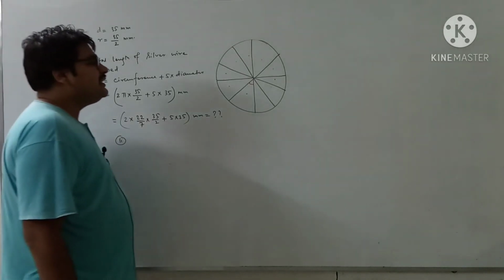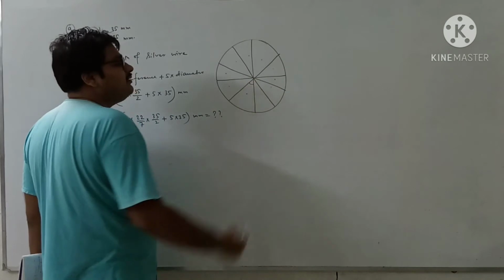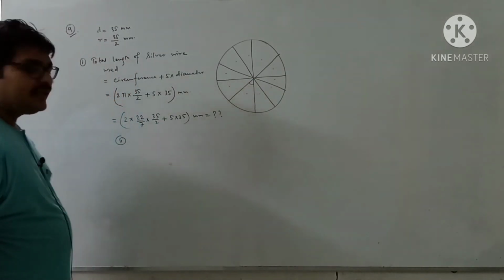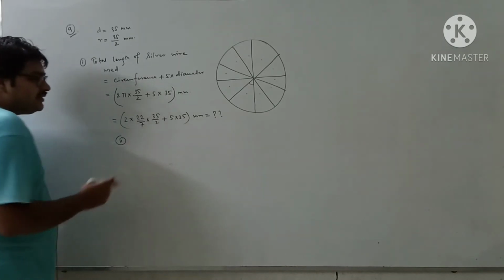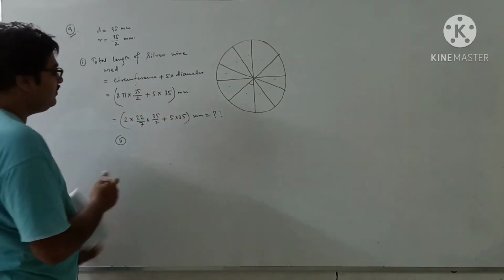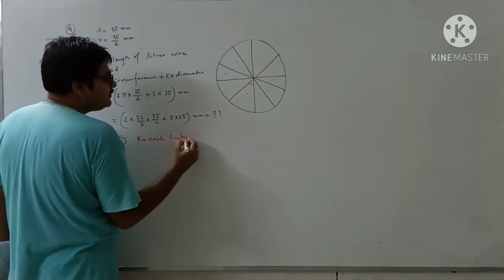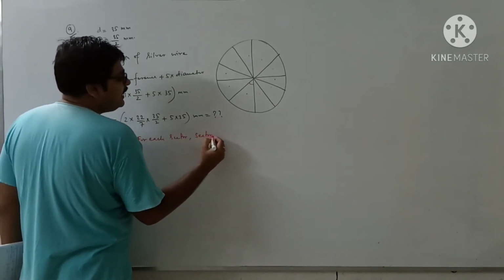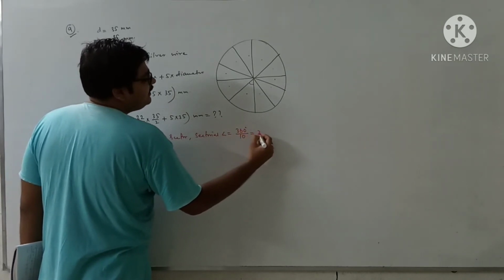So 10 equal sectors means if I divide 360 degree by 10, then I can get each sectorial angle. So for each sector, sectorial angle equal to 360 degree by 10 equal to 36 degree.